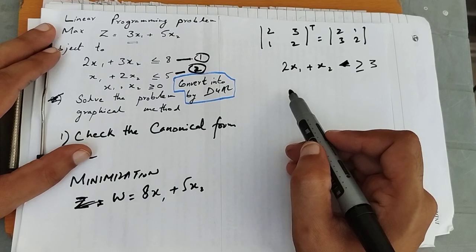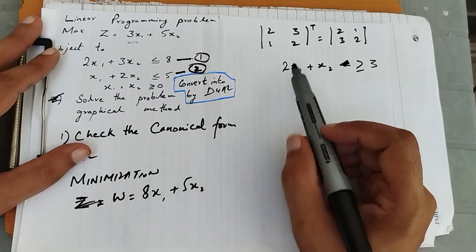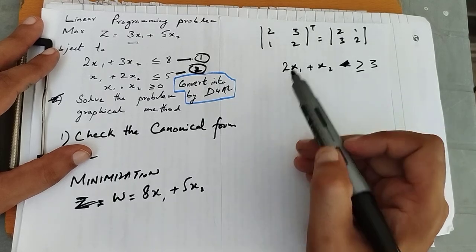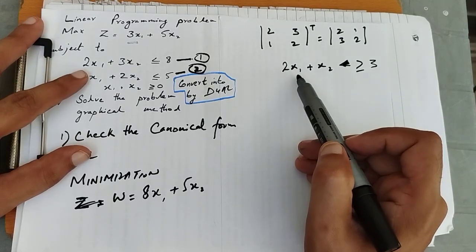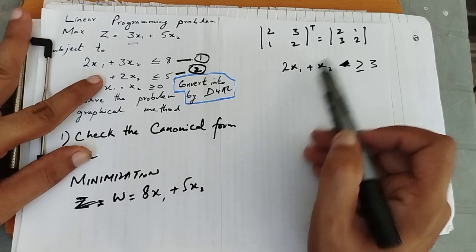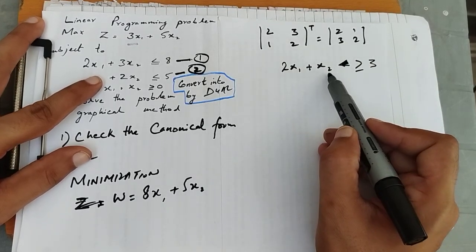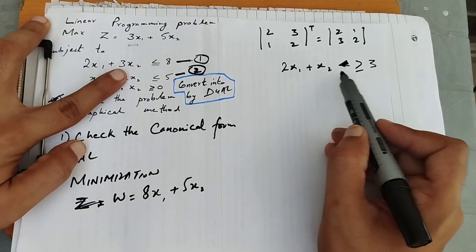So let me reiterate. 2 is from the transposed matrix, x1 is the variable, plus 1 is the next coefficient with the variable x2.